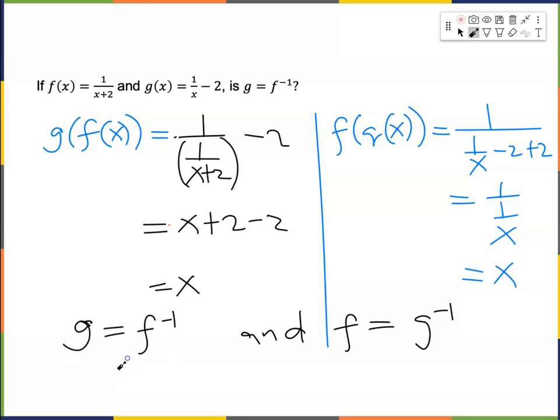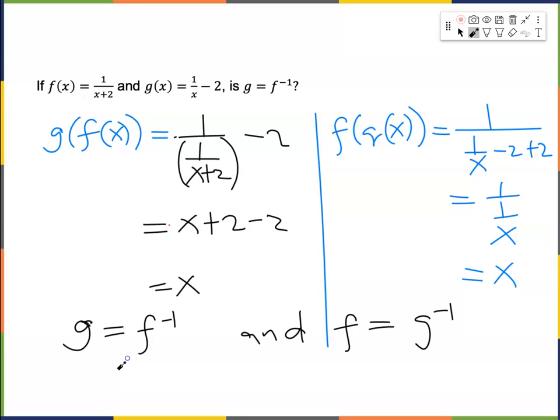With this, we can also say that f is equal to g inverse, but we can show that with f of g of x. So let's do that. We put g of x inside the parentheses, and we know that g of x is 1 over (x minus 2). We plug this into the x of f of x.